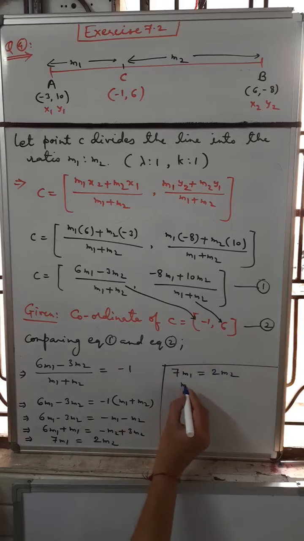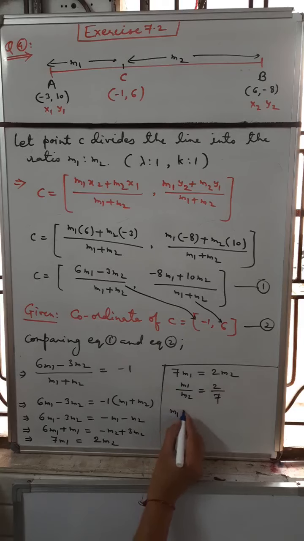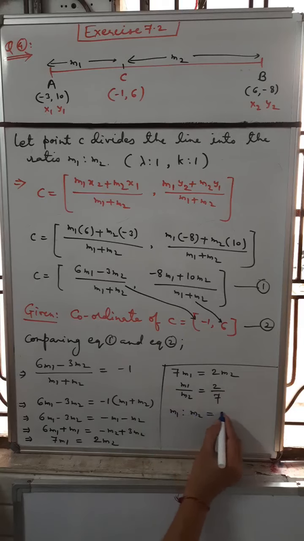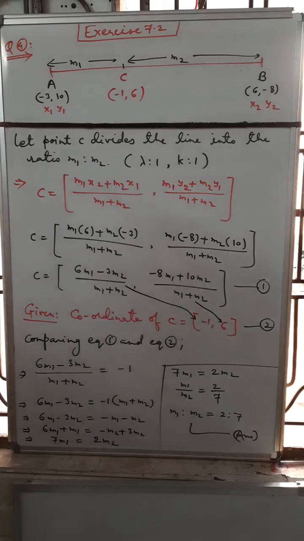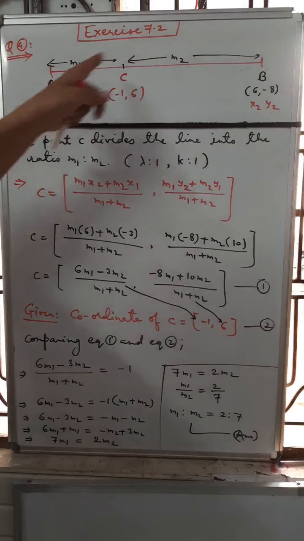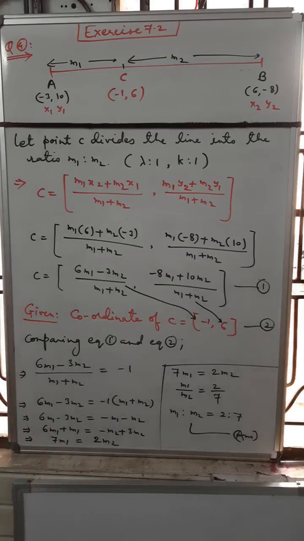So now we have to find the ratio: m1 ratio m2 is equal to 2 ratio 7. That is the answer of this problem. So m1 ratio m2 means point C divides the line AB in the ratio 2 ratio 7. You can use the y coordinate also for finding the value.